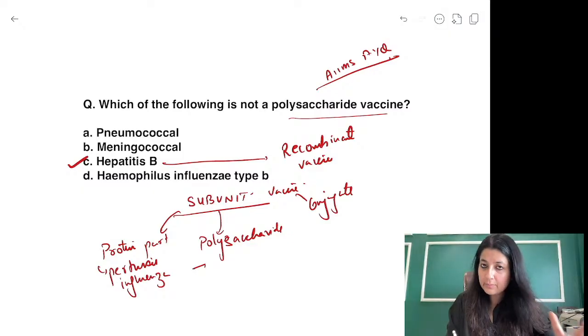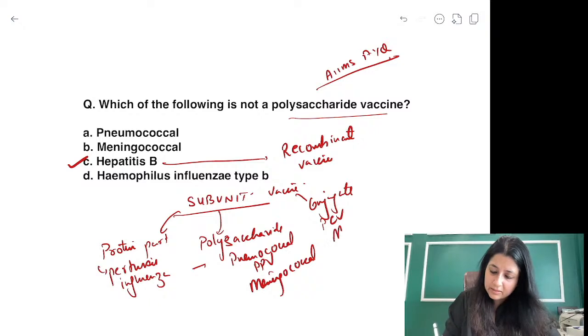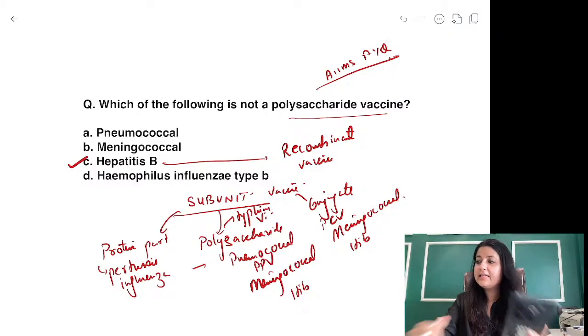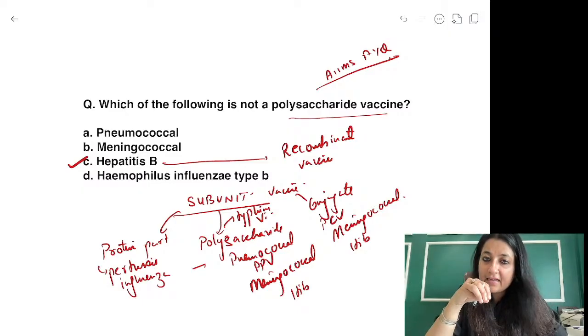Now what are the vaccines over here? Polysaccharide: pneumococcal polysaccharide, PPV; pneumococcal conjugate, PCV. Then meningococcal polysaccharide and meningococcal conjugate, the coccal family. Then Hib. In polysaccharide there is one more example, Typhim Vi, the typhoid Vi. So when you talk about subunit vaccines using the polysaccharide component: pneumococcal, meningococcal, Hib.